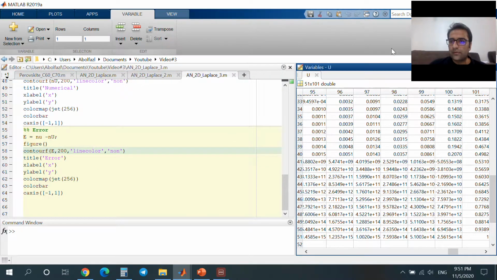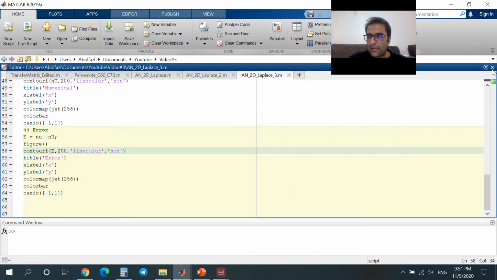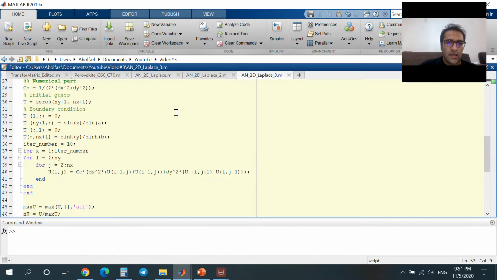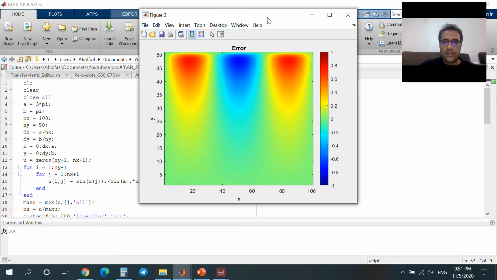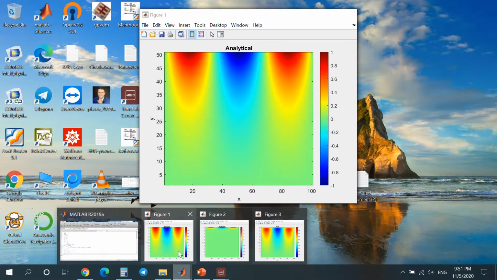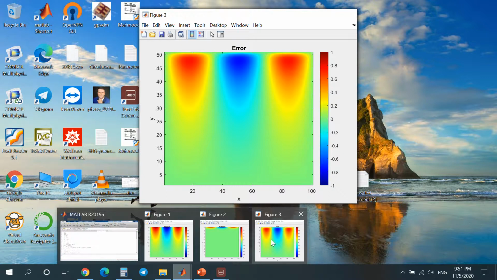So I close this window, and let's see how the error looks like. F5. And this is our error. Let me show you. You see, this is the analytical solution, the numerical solution, and the error between the analytical and numerical.